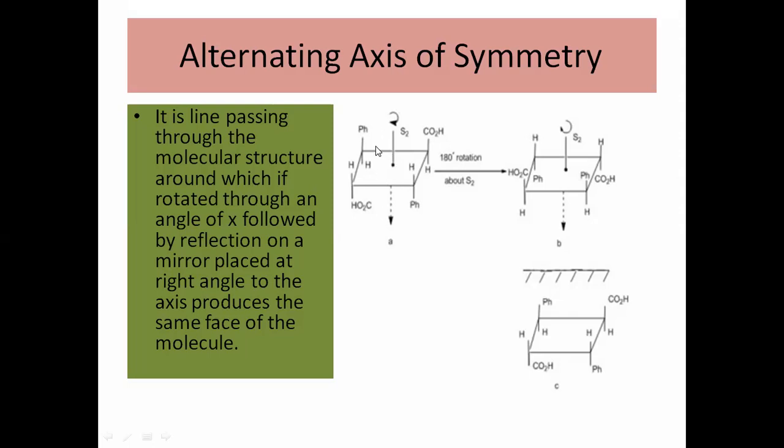So see, here an example is there. This example contains four asymmetric carbon atoms. Here it is the line passing through the molecular structure. If we rotate this molecule by 180 degrees, see the substituents here. This carbon has the phenyl ring here and the hydrogen atom.